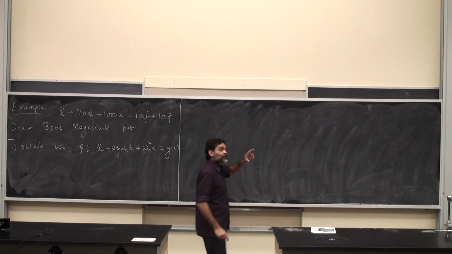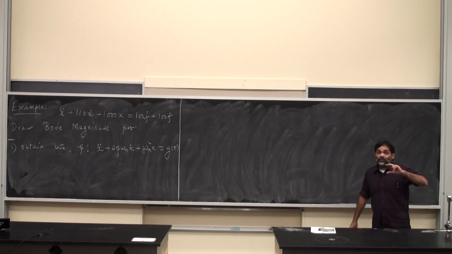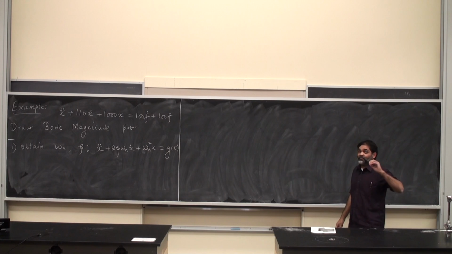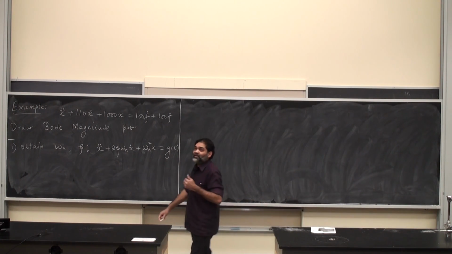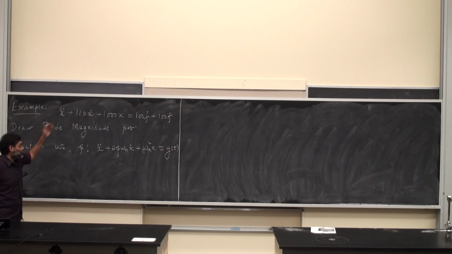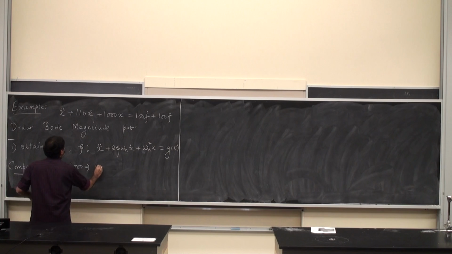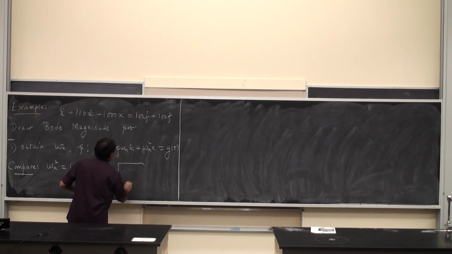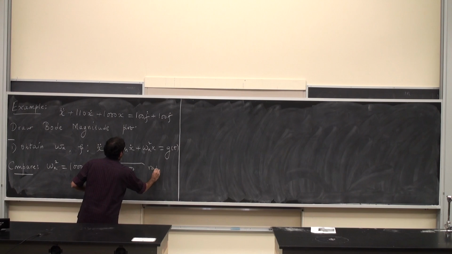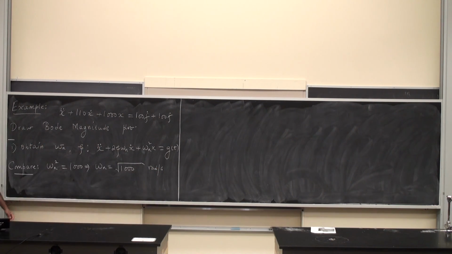You compare what is given with the standard form. In some situations, you will have to divide through by the coefficient of x double dot. In this case, I don't need to do it, because the coefficient is 1. So if I compare, omega n square is 1000, so that omega n is square root of 1000, so many radians per second, not really interested in the numbers.